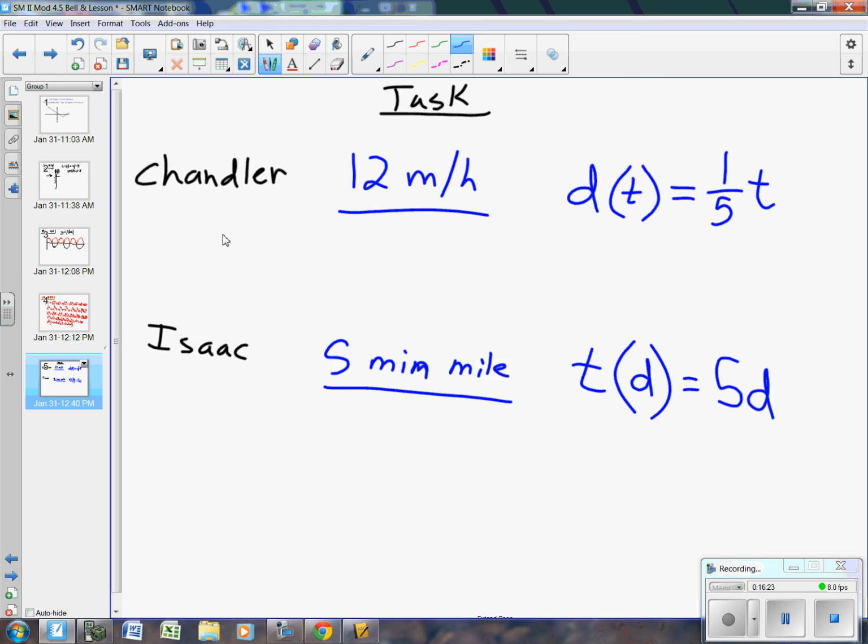Do you understand that? Okay? This is what we know as an inverse. We found out that these two both actually go at the same speed, don't they? They both traveled at the same speed. It's just that one calculated distance as a function of time, the other one time as a function of distance. And that's how they were calculated.